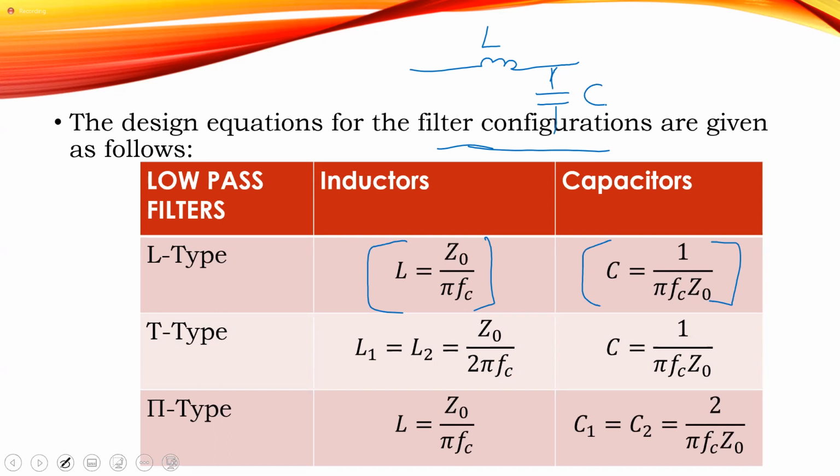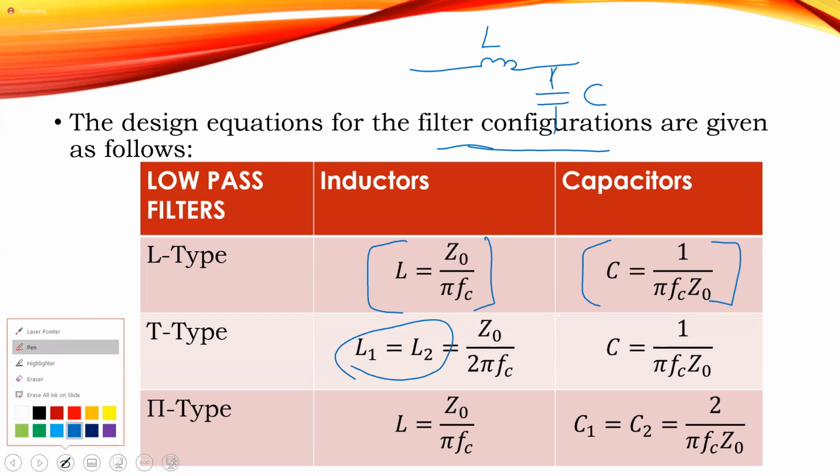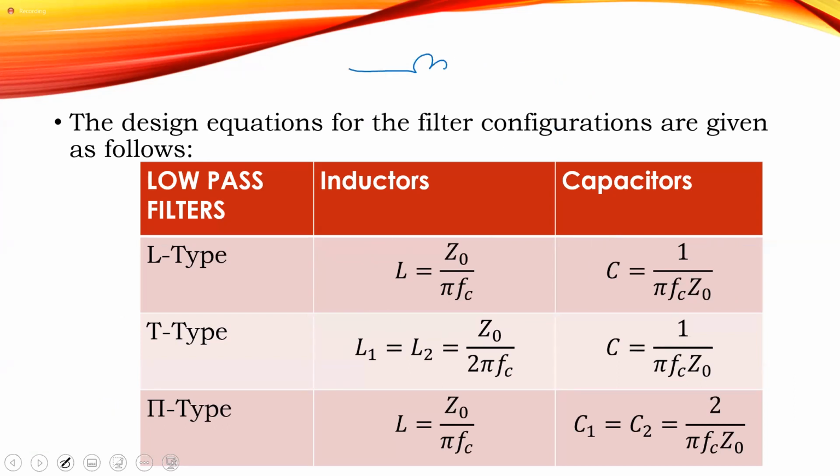If I'm doing a T type, we have your L1 and L2. Because of course in doing the T, it is the inductor that would be split at the top. So we'd still maintain our C, all right? And this would be your L1 and this would be your L2.